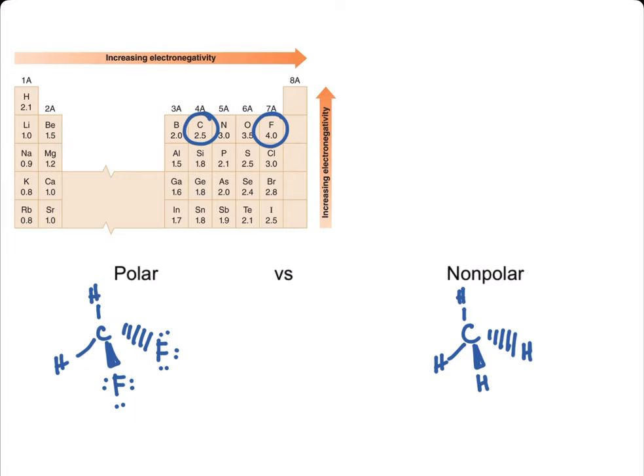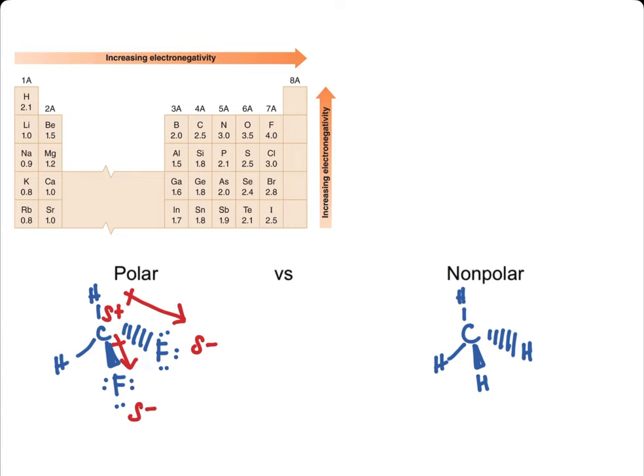So I'm going to go ahead and assign the partial negative on fluorine and partial positive on carbon, and I have to do this with every bond. Then I'm going to go ahead and draw the dipoles. So this is showing us that fluorine is attracting the electrons from carbon. And it's attracting at a 109.5 degree angle because it's a tetrahedral molecule.